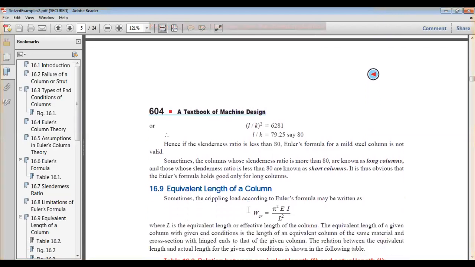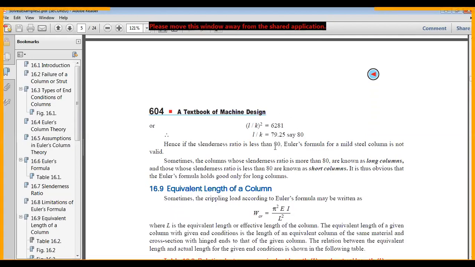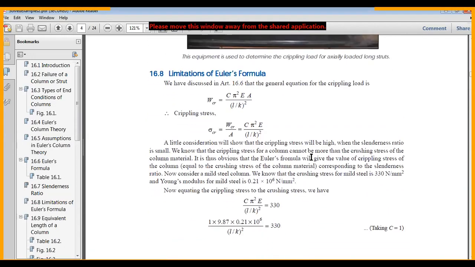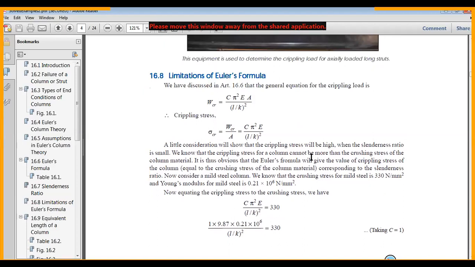So we have to apply Euler's formula for L by K greater than 80, or more than 80. This is the limitation under which we cannot apply Euler's formula.